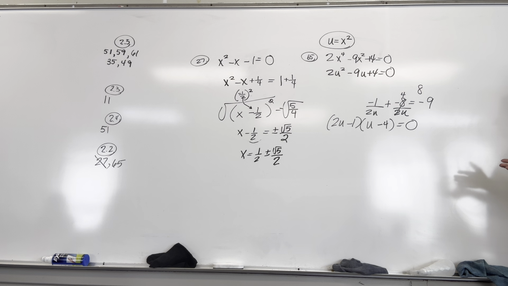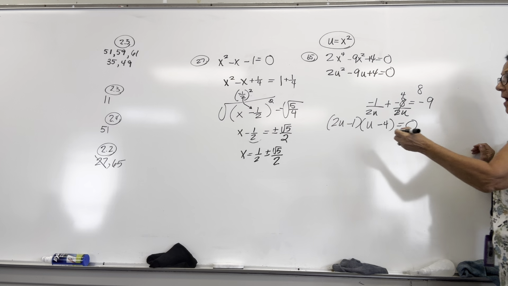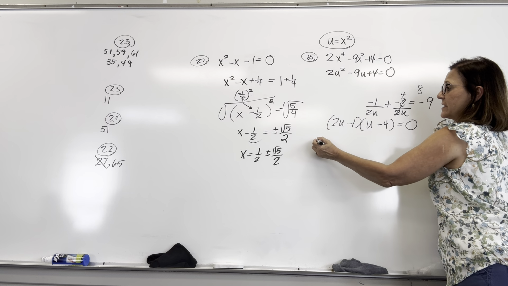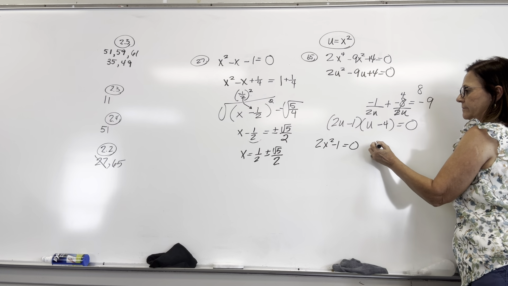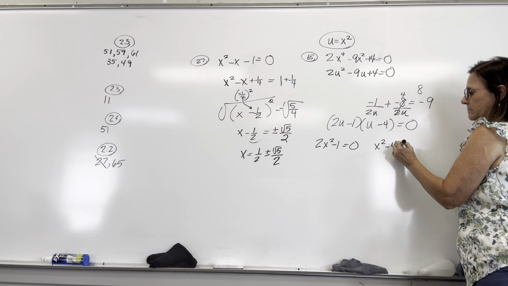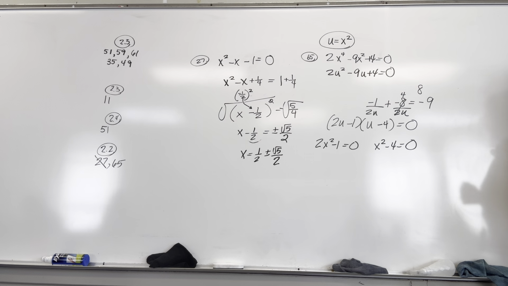All right, but what is u? It is x squared. So now I'm going to go back in. I'm going to set each of them equal to 0, and I substituted x squared back in for u. Now I'm going to solve for x.